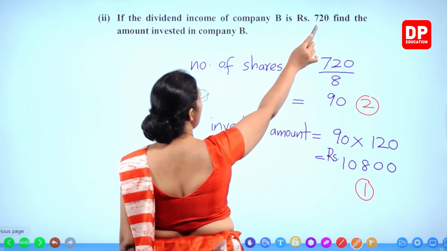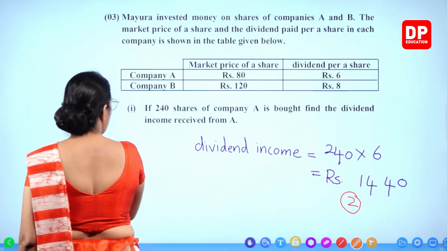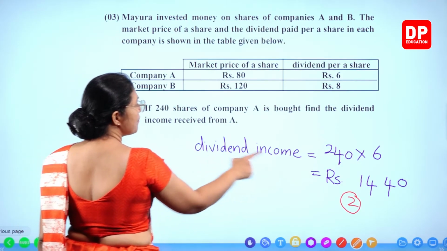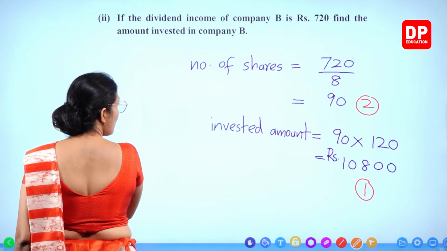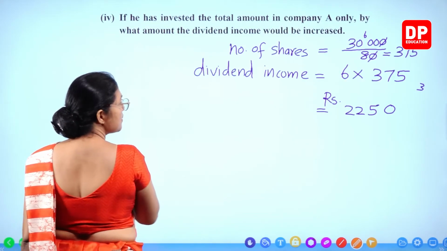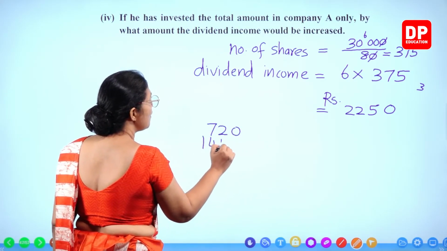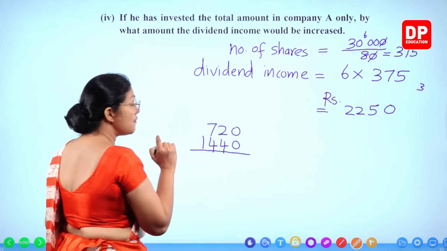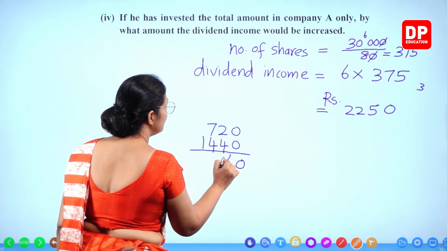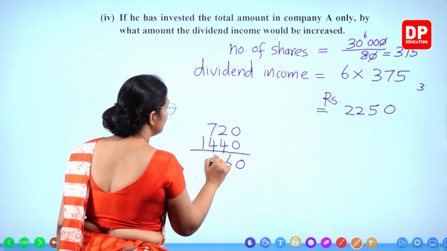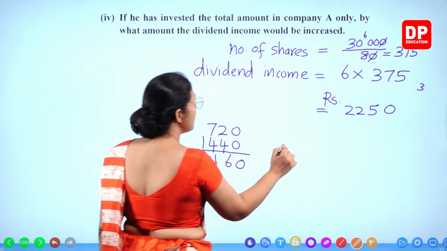This is 720 and 1,440. This is the dividend income earned before. 720 plus 1,440 is 2,160.